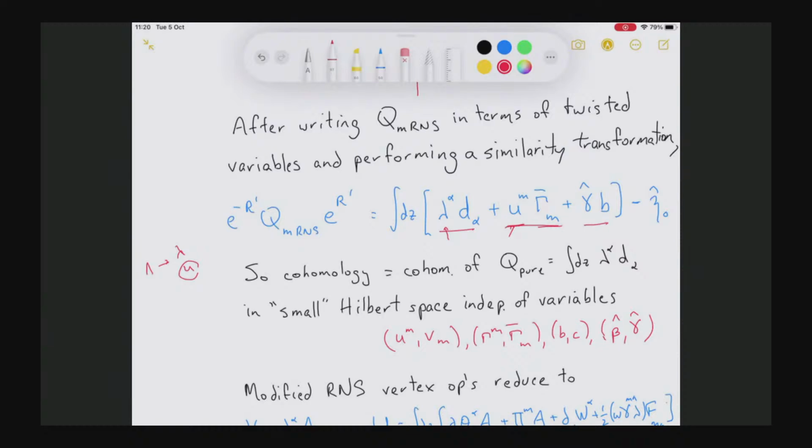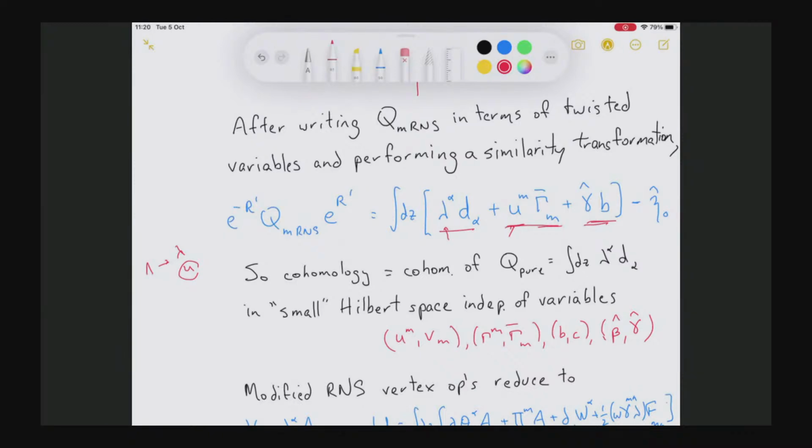So remember now the BC ghosts and the beta hat gamma hat ghosts have the same conformal weight. They just have opposite statistics, and they also form this topological sector. So after doing this twisting and performing a similarity transformation, you just get back the pure spinor formalism, but now in terms of just the integer variables, the twisted variables.